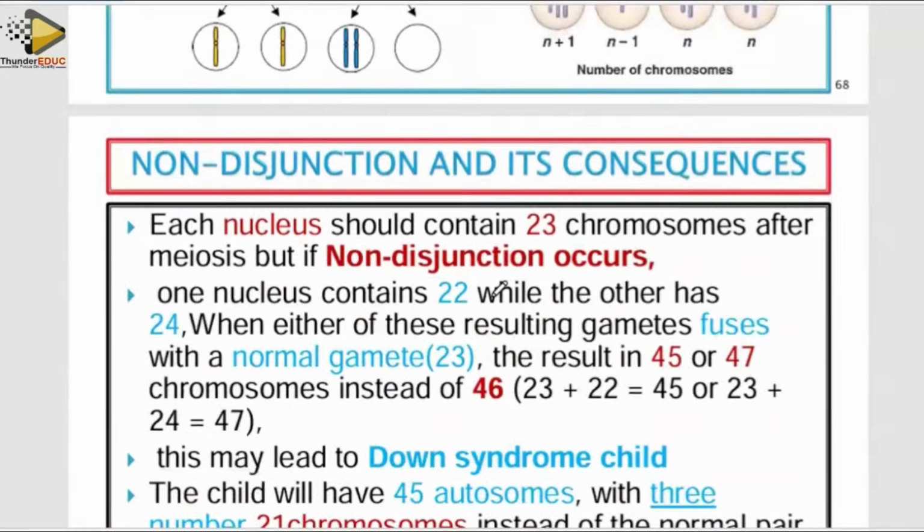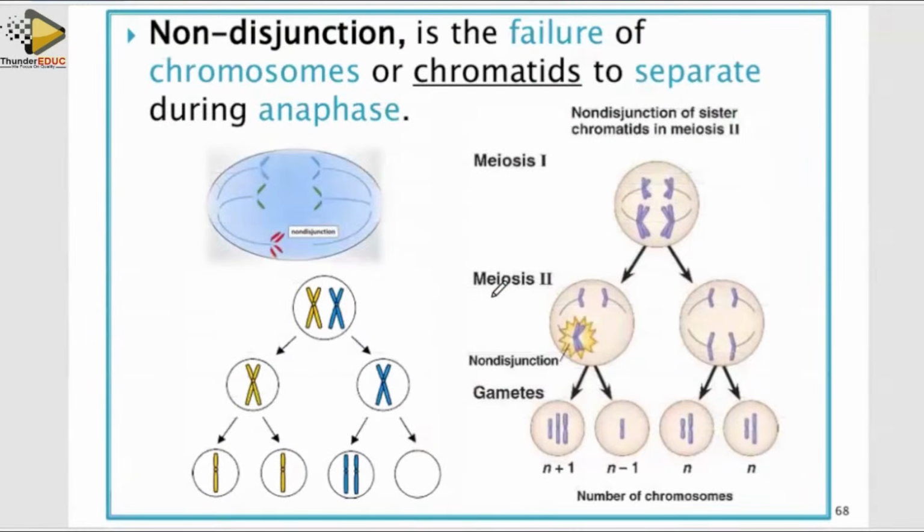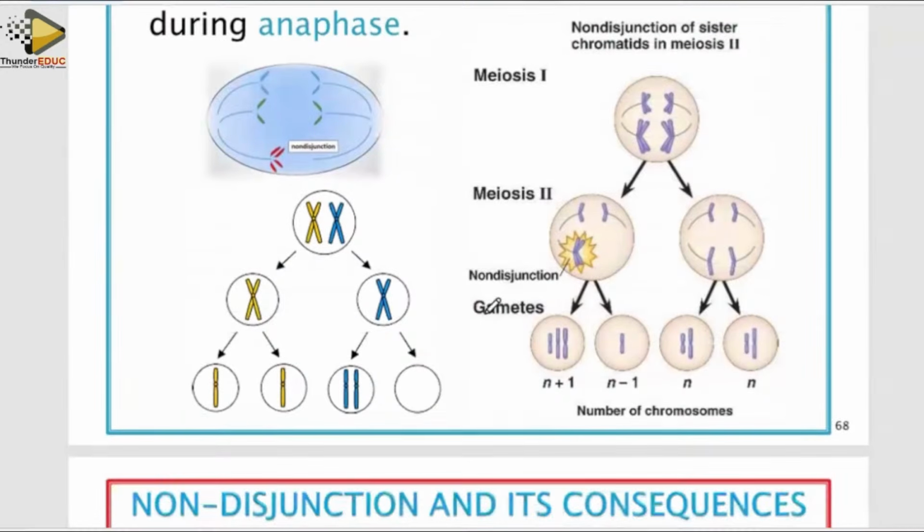If you look at non-disjunction here, in metaphase they were fine. But in anaphase 1, this is supposed to go to one cell, and this is supposed to go to one cell. They separated properly in anaphase 1.